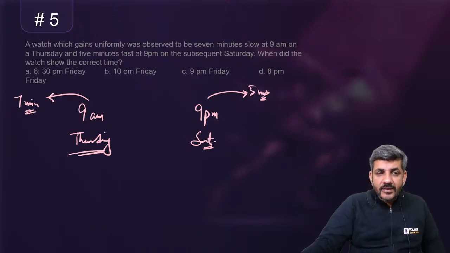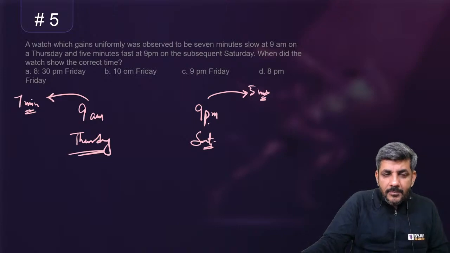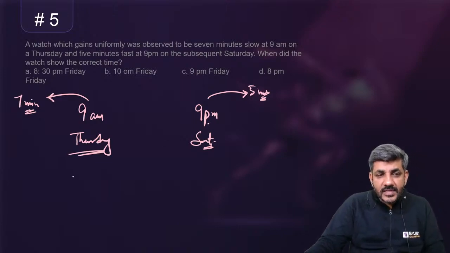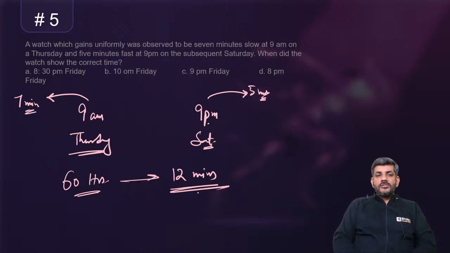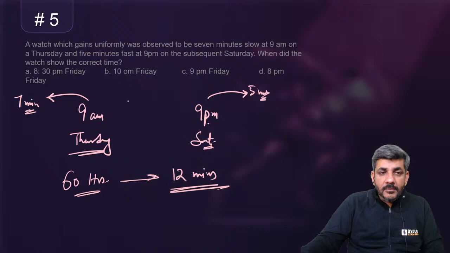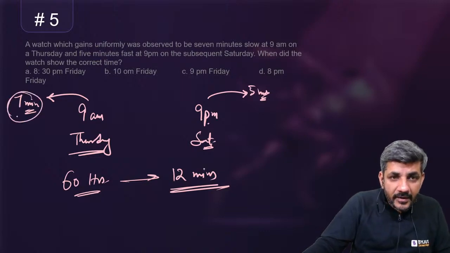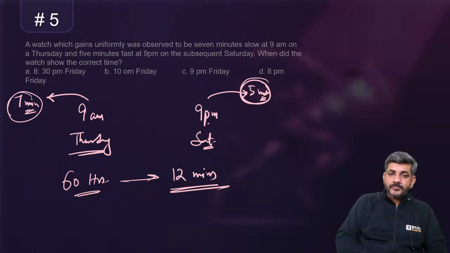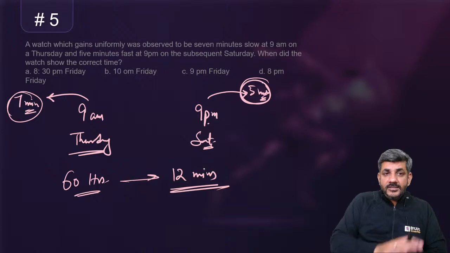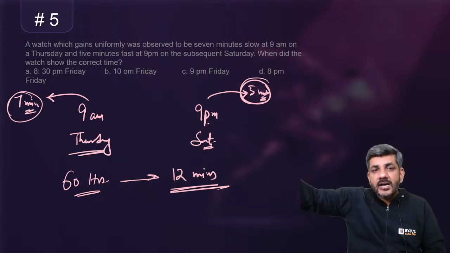So can I say 9 a.m. Thursday to 9 p.m. Saturday, there are a total of 60 hours. In those 60 hours, the clock has gained 12 minutes. Is that right, guys? In those 60 hours, the clock has gained a total of 12 minutes because it was 7 minutes behind and it has gone ahead by 5 minutes. इसका मतलब 7 behind से 5 आगे चली गई है.